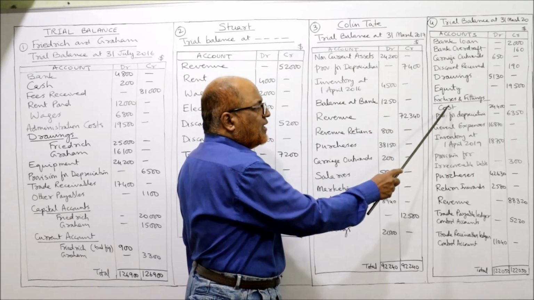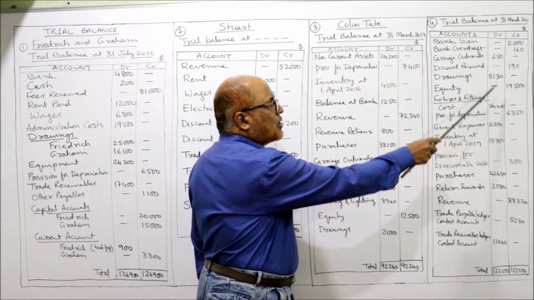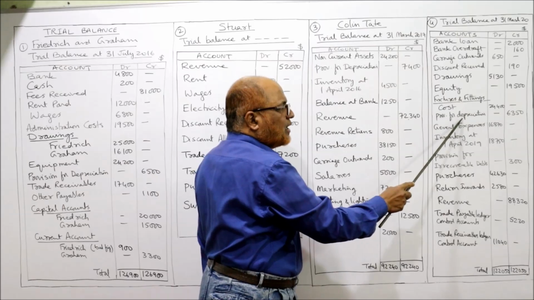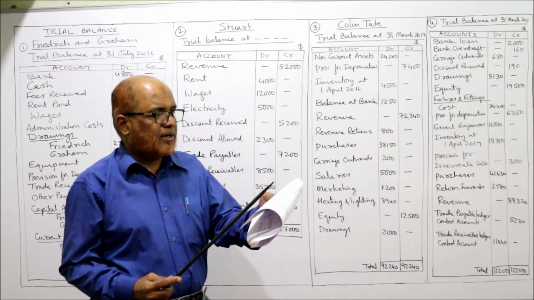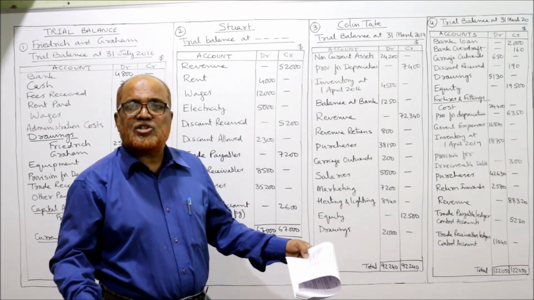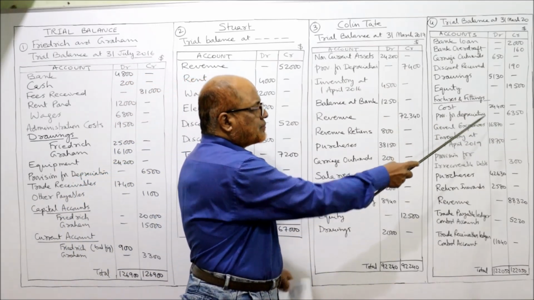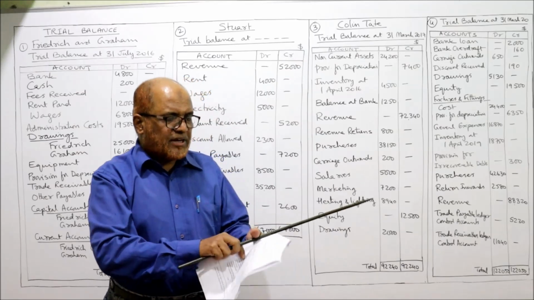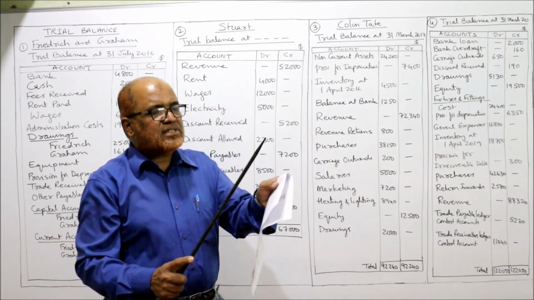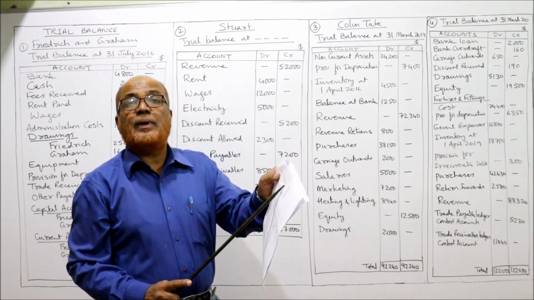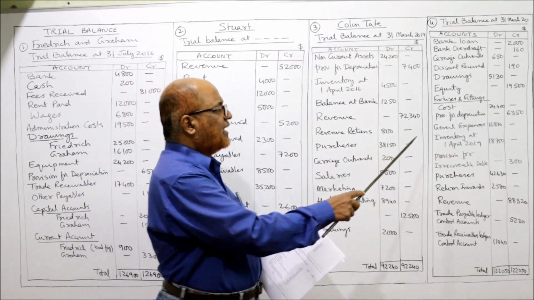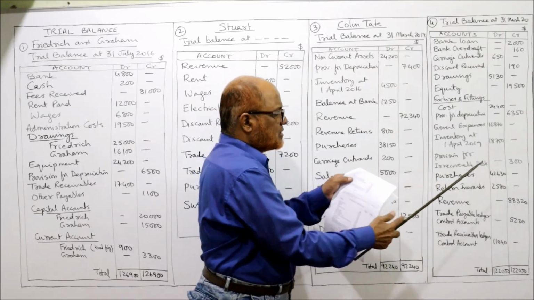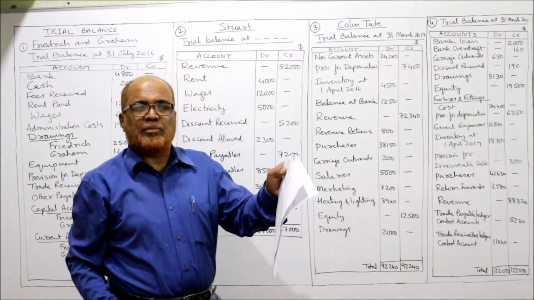Whereas provision for depreciation should be taken in the credit column, just like the previous one. General expenses, it's an expense, debit side. Turn the page, next page. Inventory at 1st April 2019, opening inventory, beginning of the year inventory, will be taken on the debit side, 18,750. Just like the previous problem.